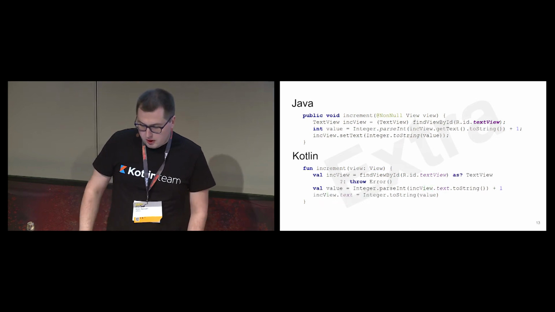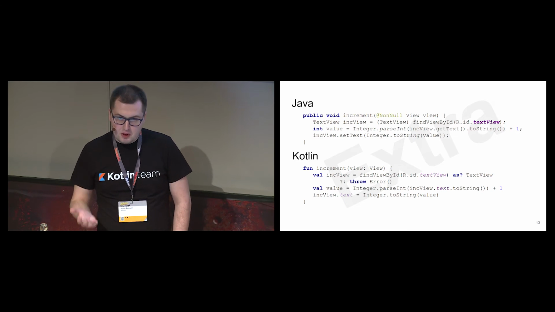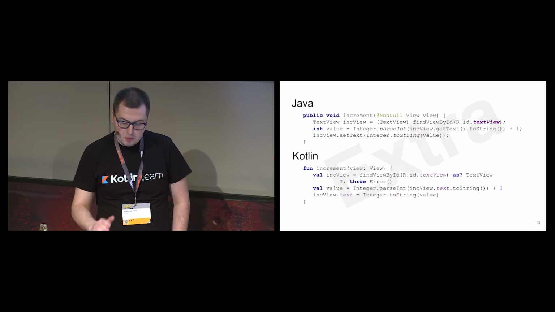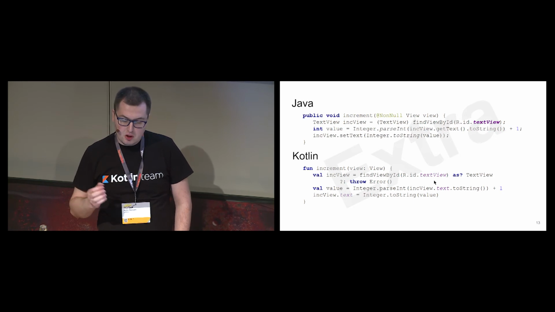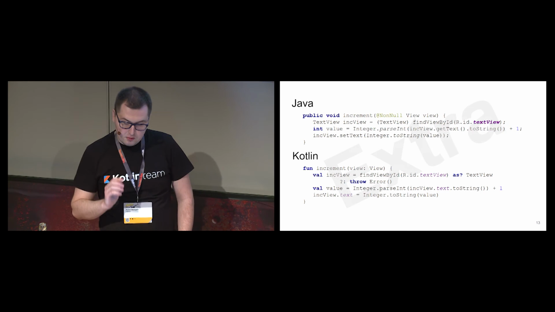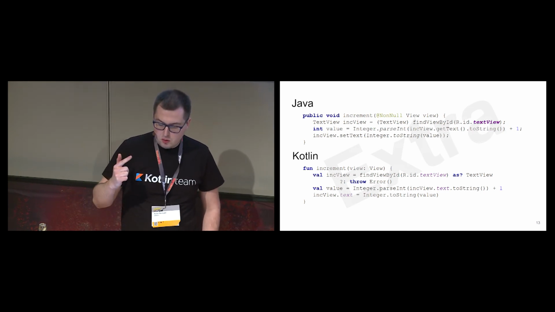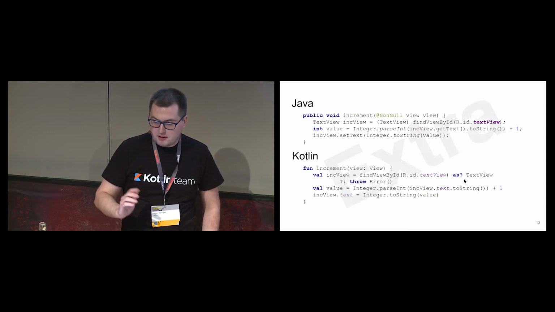Right. Also, in Kotlin, we have a lot of support for nullable and not-null variables. So you could also cover checking in this style, where you either cast the text view to the type you need, or you return a null. So this operator, as question mark, does exactly that.